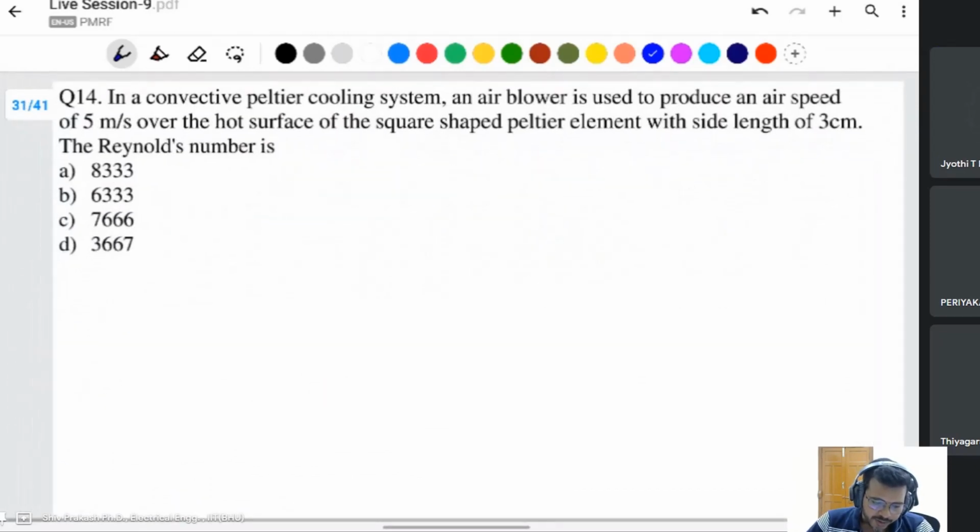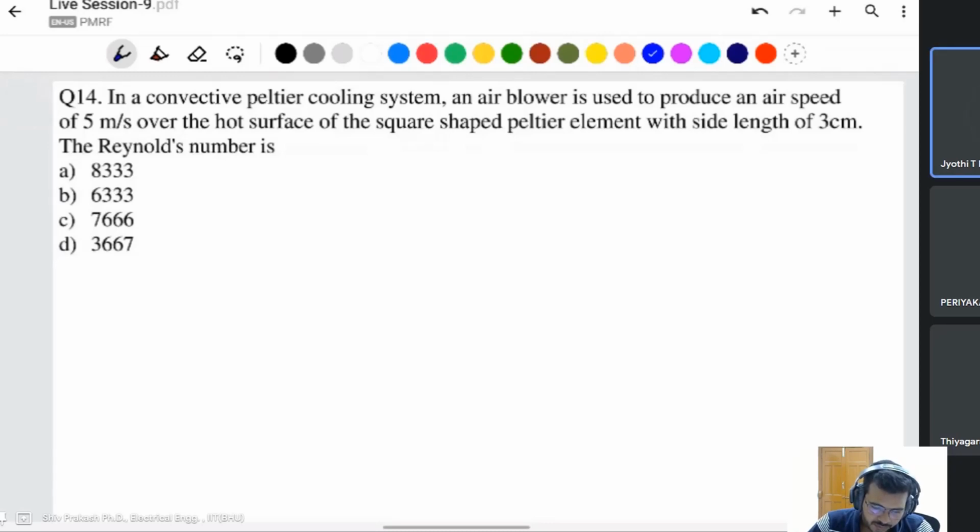Question number 14. In a convective Peltier cooling system, an air blower is used to produce an air speed of 5 meter per second over the hot surface of a square-shaped Peltier element. The side is 3 centimeter.